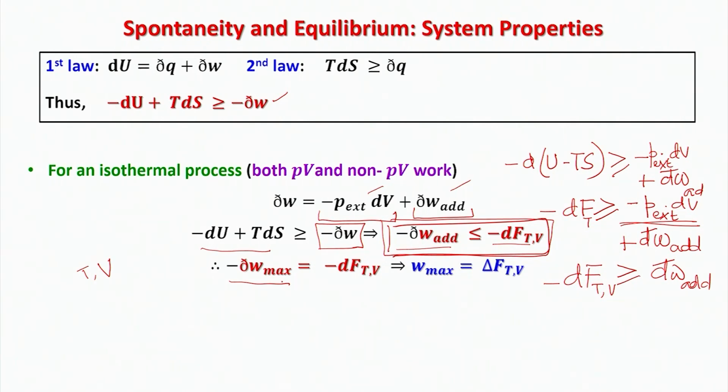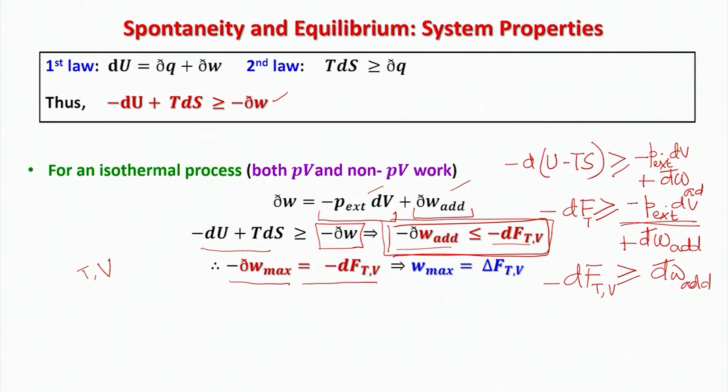Therefore, if my system is doing some work, additional work over and above the pressure volume work, and I am carrying out this process in a reversible fashion, then I can say that my del W max is equal to minus dF dV.